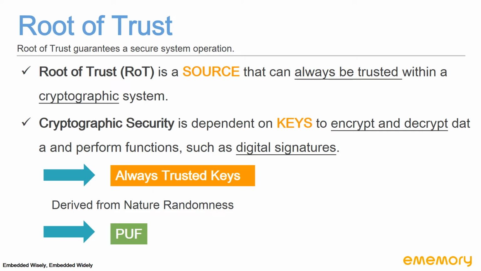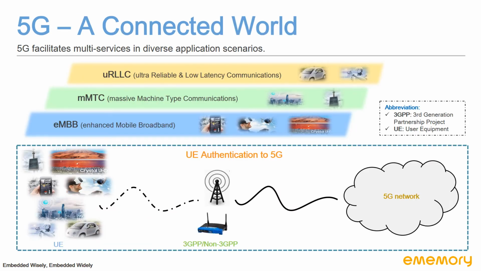Next, I would like to explain how 5G uses such a key. In the 5G application, all users request service from 5G. The first step is the authentication process, to let only authorized parties access the 5G network.